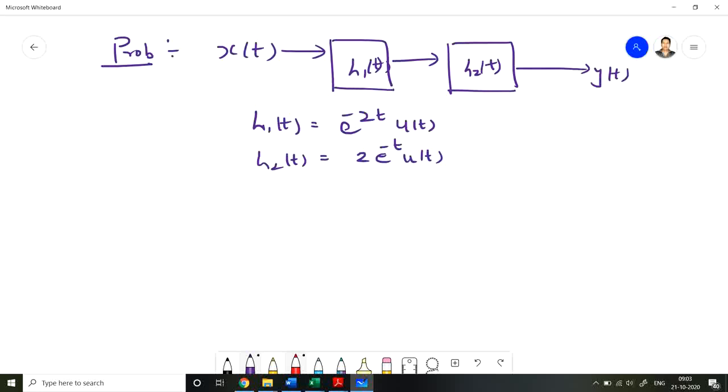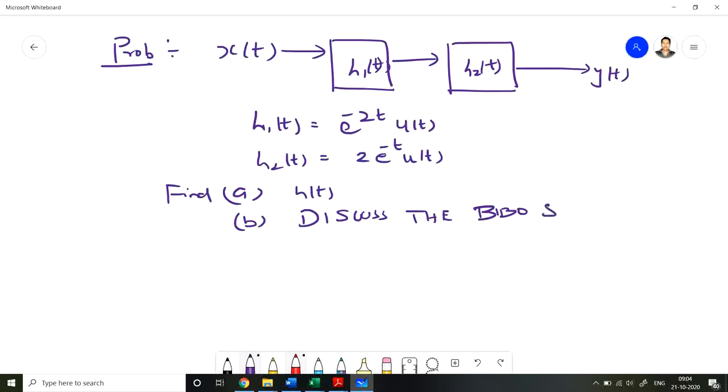Now our question: part A, find h(t), and part B, discuss the bounded input bounded output stability. We are going to discuss these two problems.